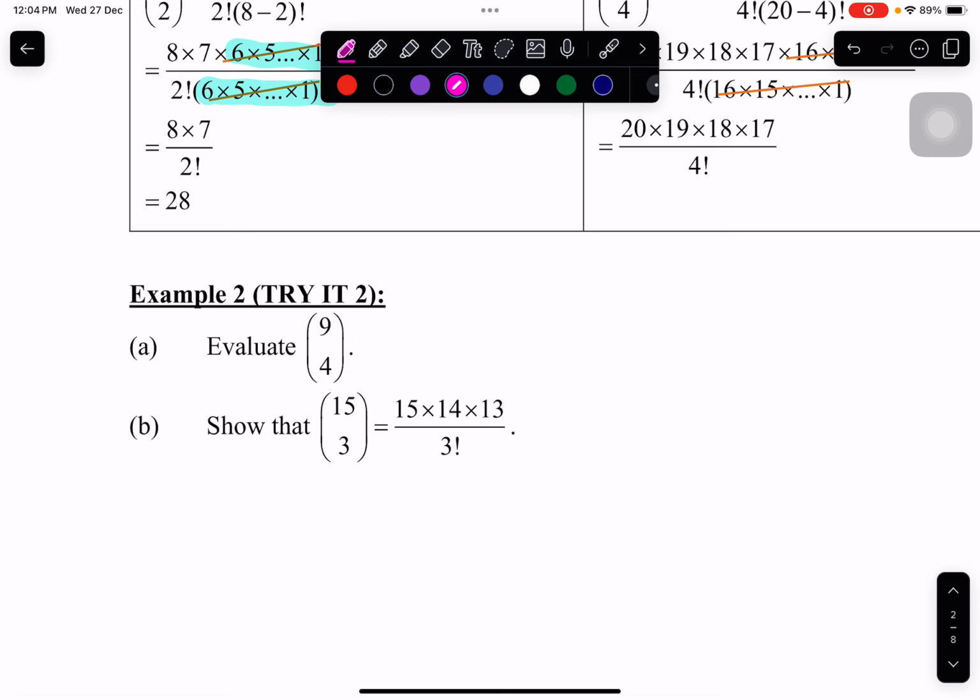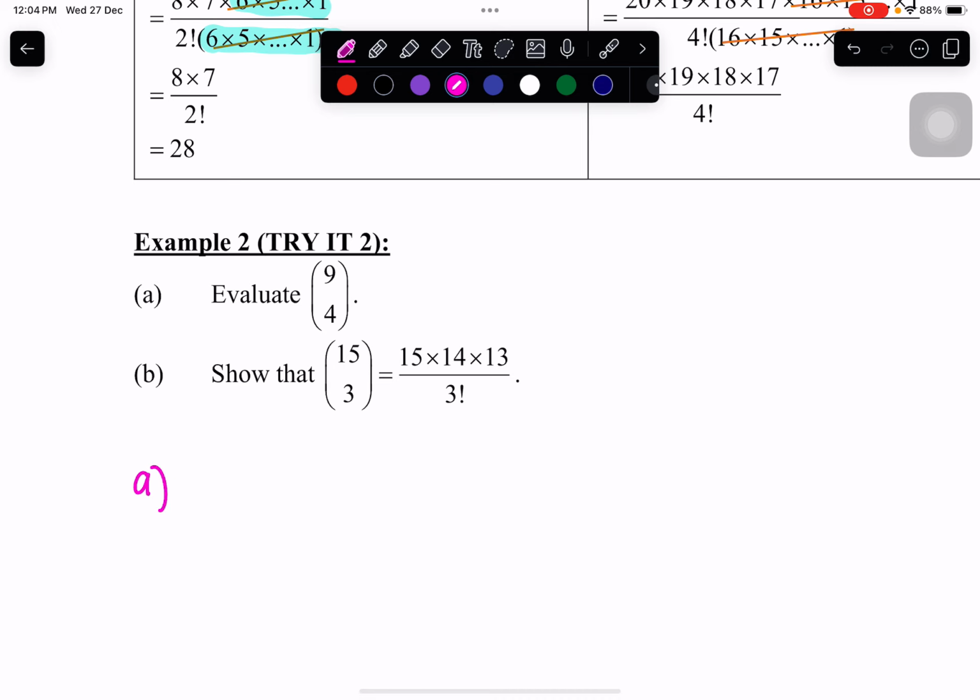Let's look at try it 2, example 2. Evaluate 9 choose 4. Applying the formula, 9 factorial over 4 factorial multiplied by 9 minus 4 factorial.